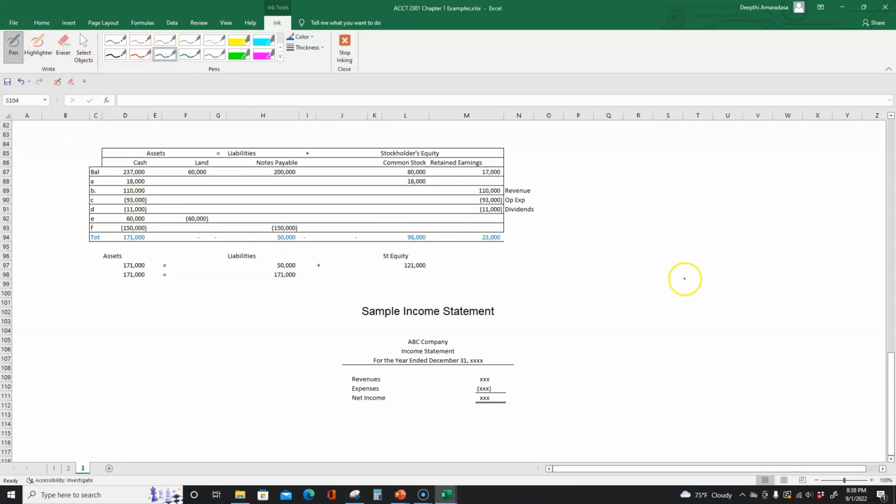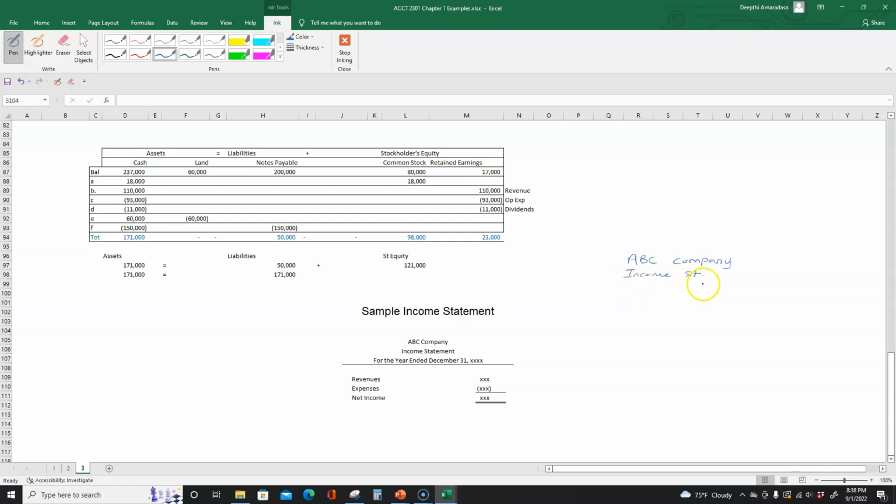So whenever we're preparing financial statements, always we start with the header information. We know that this is ABC Company, and we're looking at the income statement.